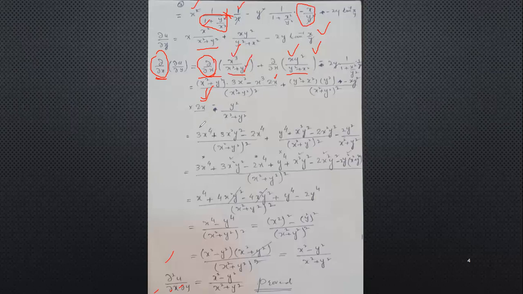Now we try to simplify this first term, then second, then third. So in the first term, now 3x square multiplied with x square, we get 3x raised to power 4.